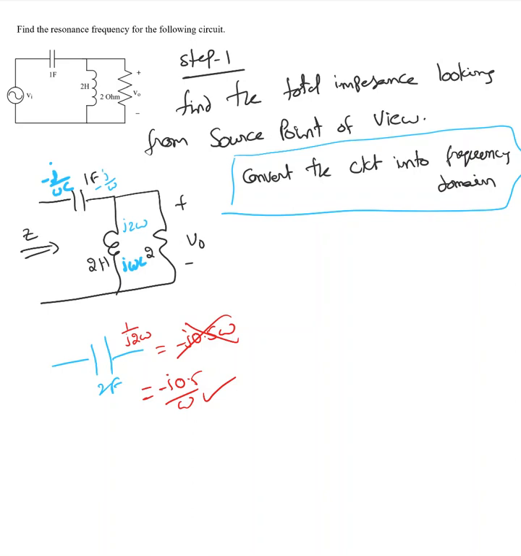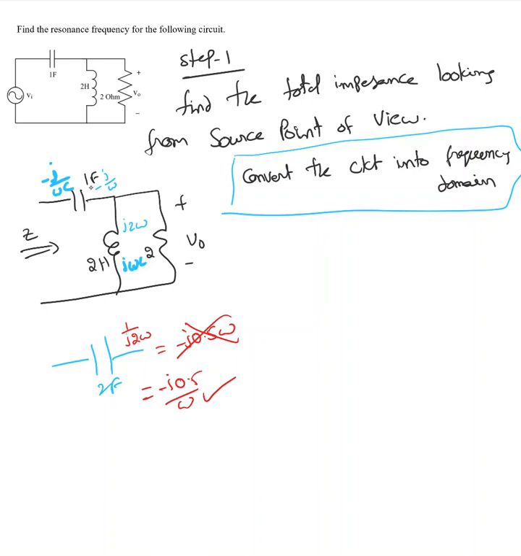Okay, and at the same time, you cannot use the RLC series circuit formula or the parallel circuit formula, which is the same. That's not going to work for this circuit because it's neither a series circuit nor a parallel circuit. So in step 1, first we need to convert the circuit into the frequency domain. I did it here.